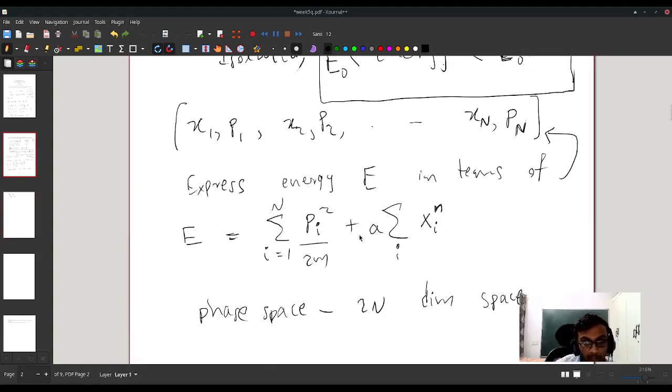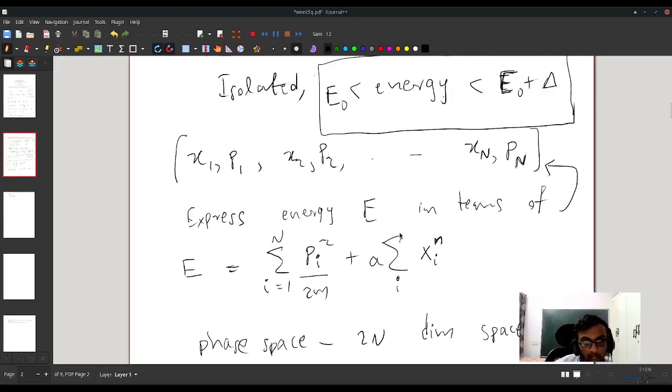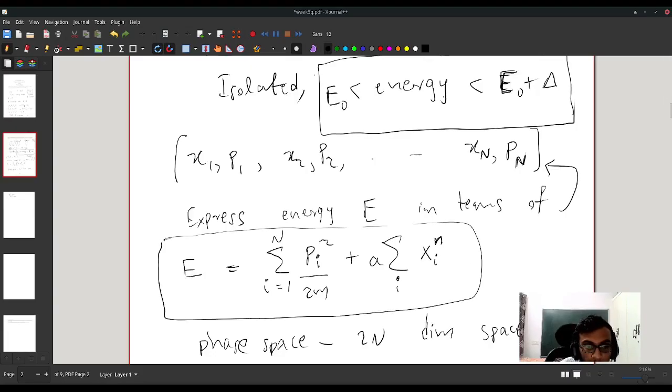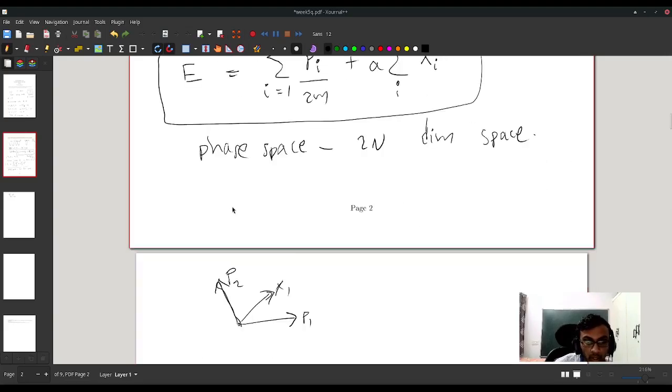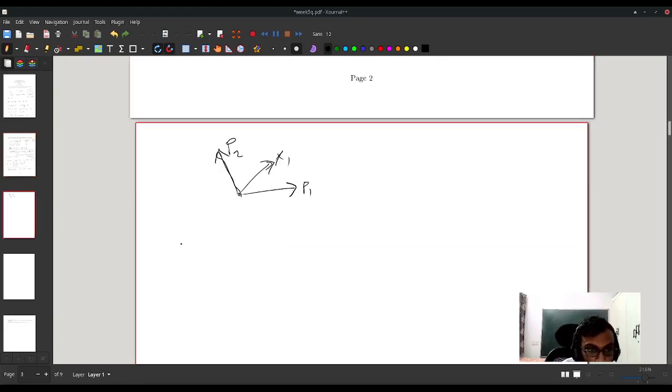And we want to look at the volume enclosed by this equation. Let us denote it with a fancy cal V, so that it is different from the volume of the system.